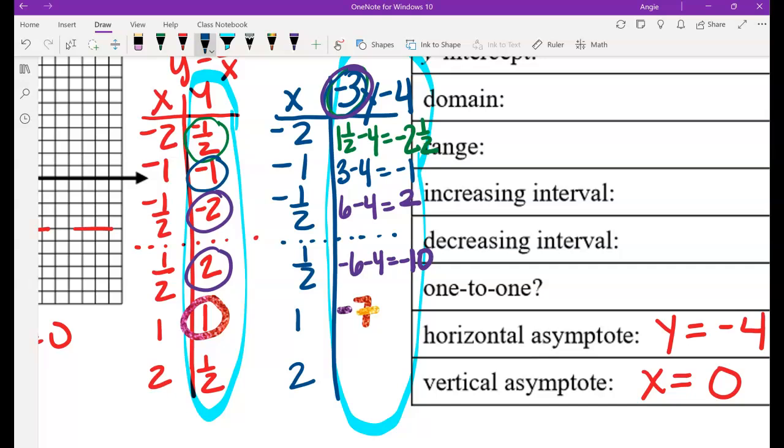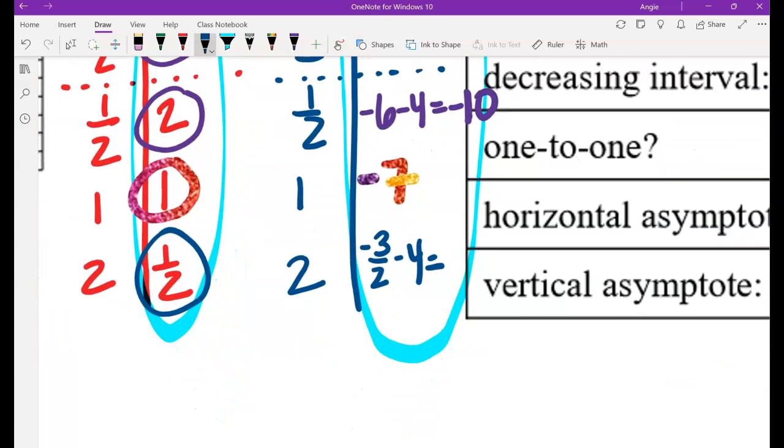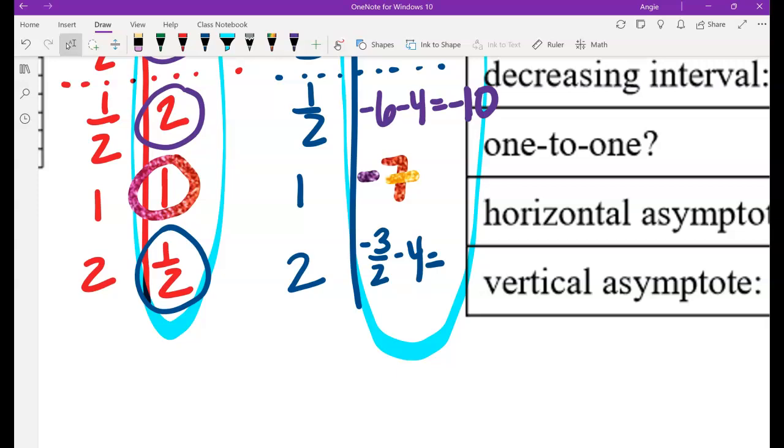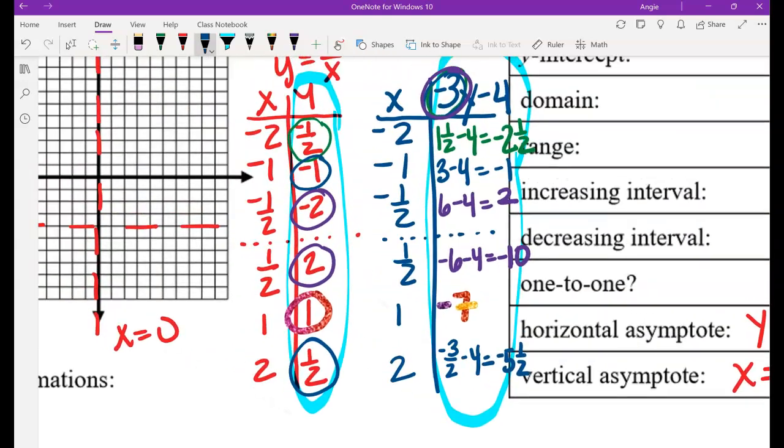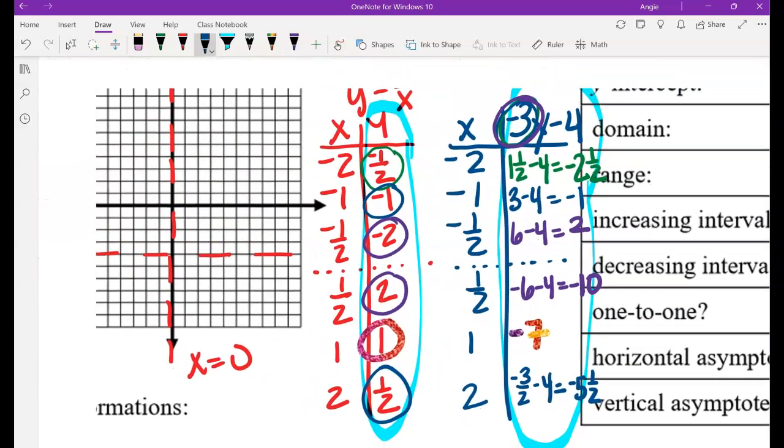Next is half times negative 3, which is negative 3 over 2, minus 4. Negative 3 over 2, students, is negative 1.5. Negative 1.5 minus 4 is now negative 5.5. Let's go plot those, and I hope you guys got matching answers.